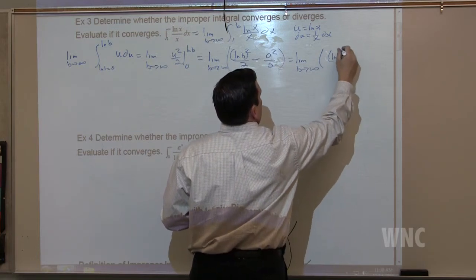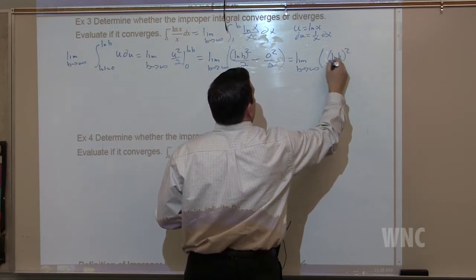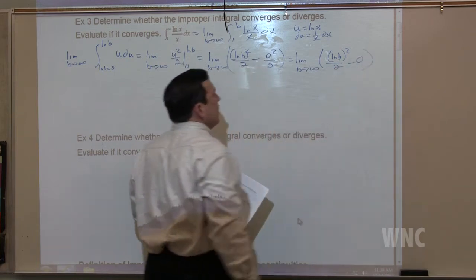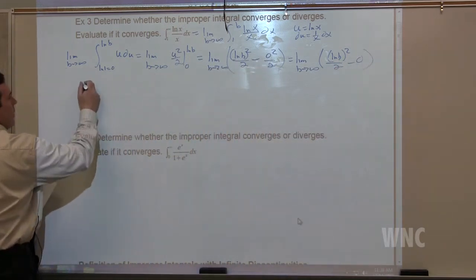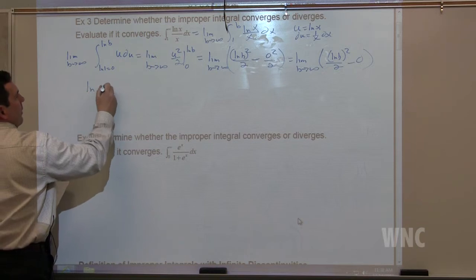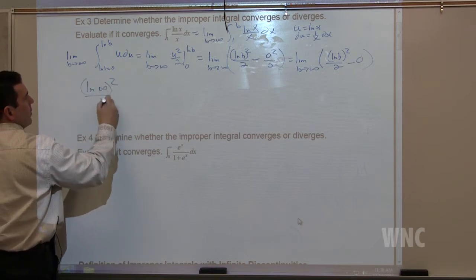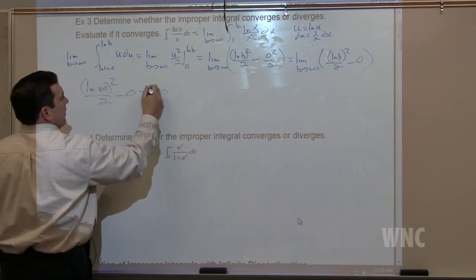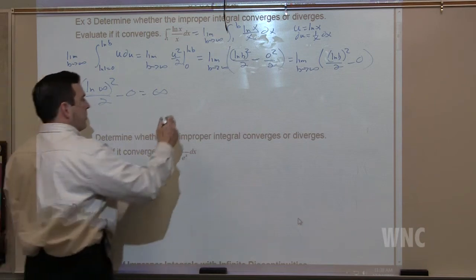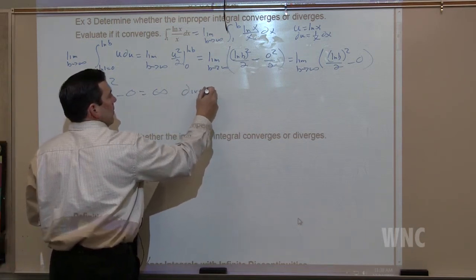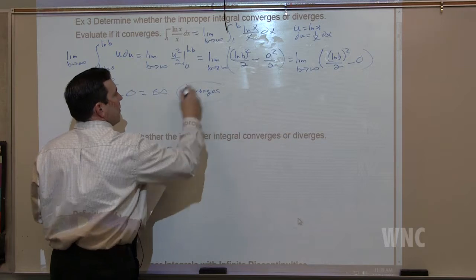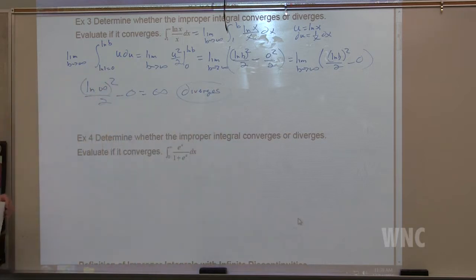No. It is the natural log part that is squared, not the b. Minus 0. So now if you apply the infinity, we have the natural log of infinity squared over 2 minus 0, which is infinity. So this diverges. That's our first diverging of this section.